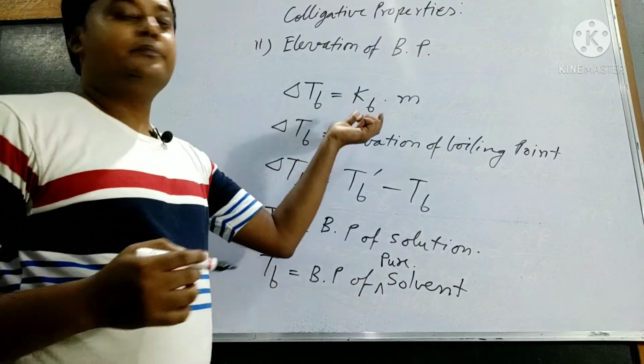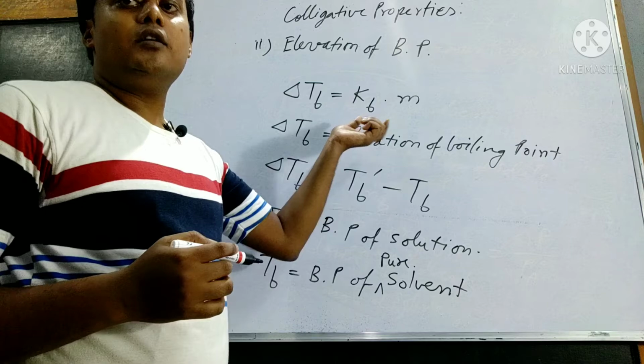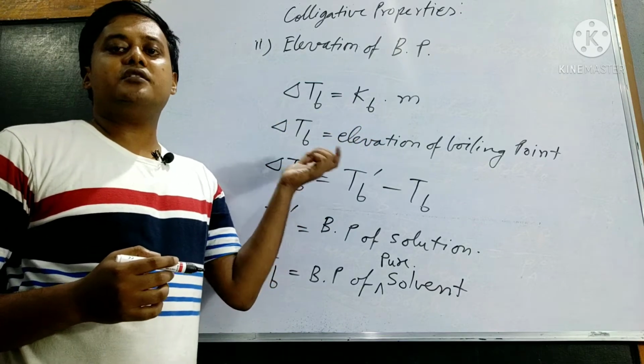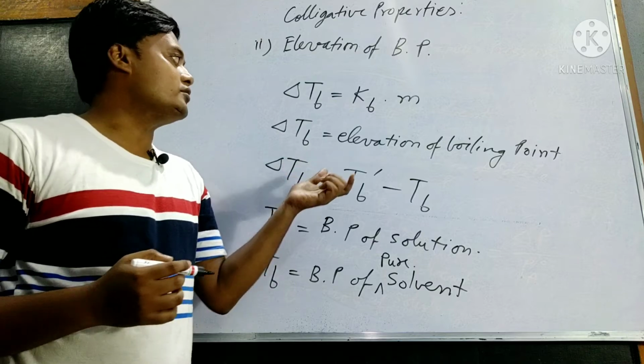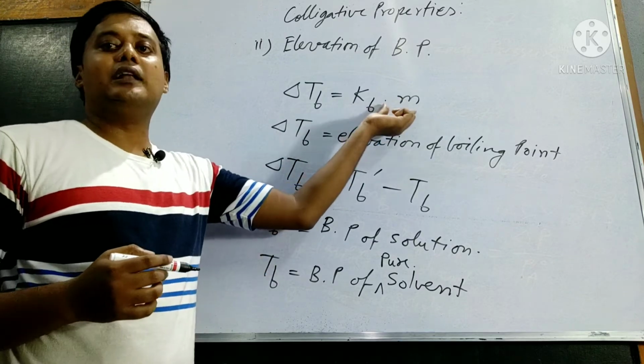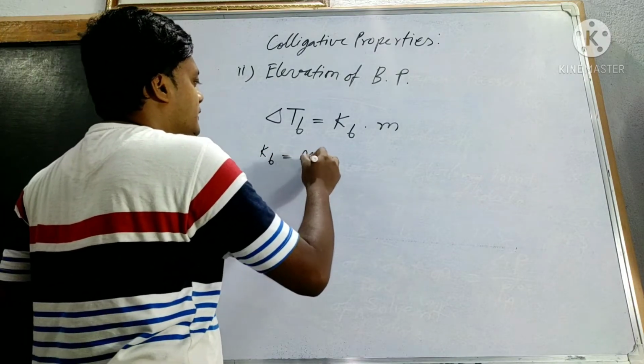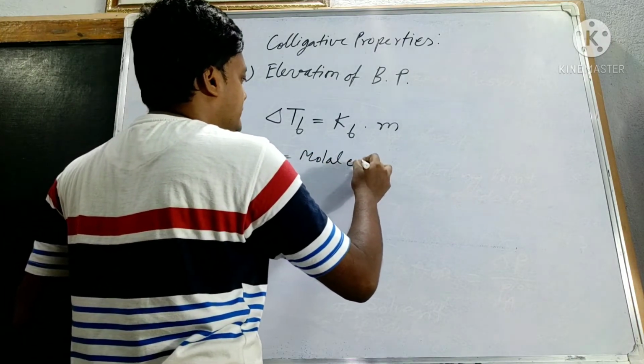Kb is the ebullioscopic constant or molal elevation constant, and m is the molality of the solution.